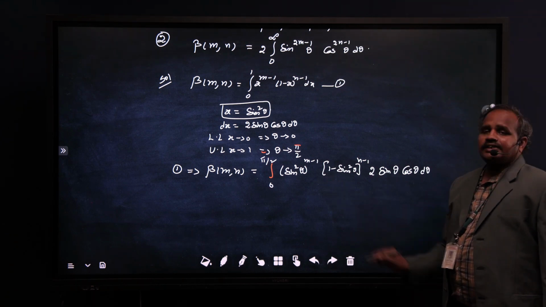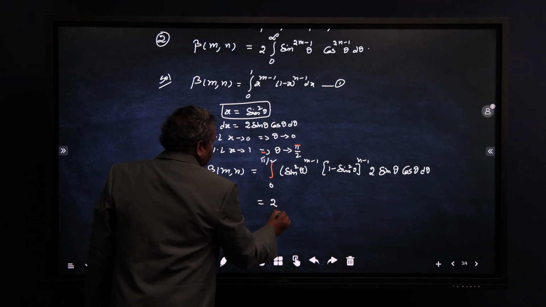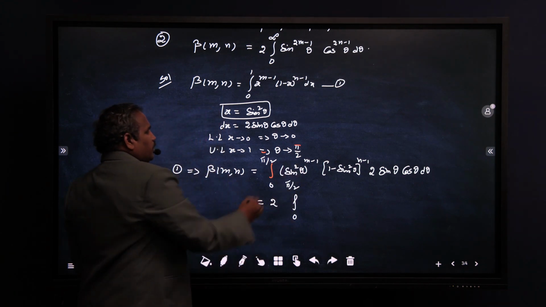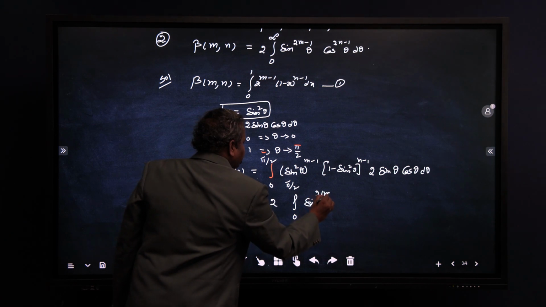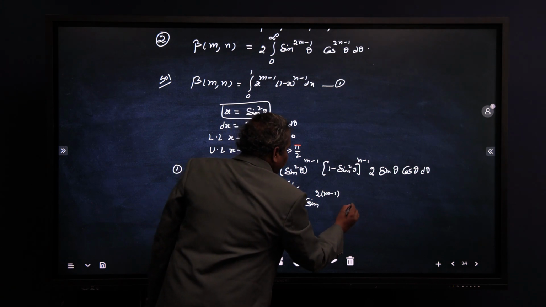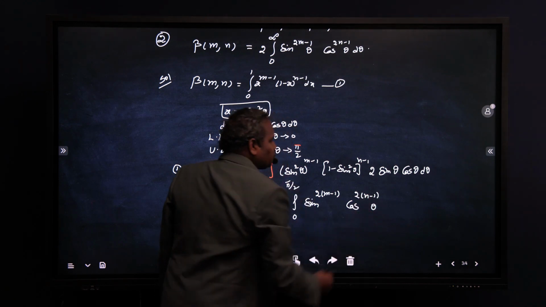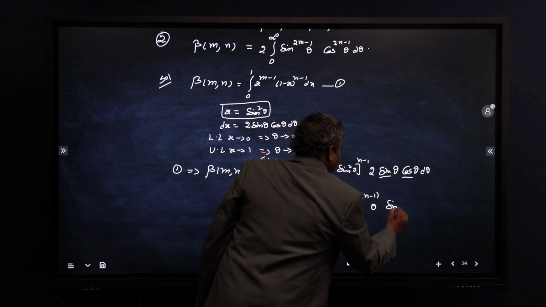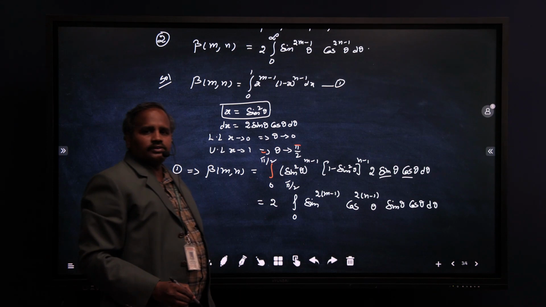Here 2 is a constant, write it outside. This is equal to 2 into integral 0 to pi by 2. Here a power b whole power c can be written as a power bc. Sine power 2 into m minus 1, and 1 minus sine square can be written as cos square, so cos power 2 into n minus 1 theta. And the remaining is sine theta cos theta d theta.